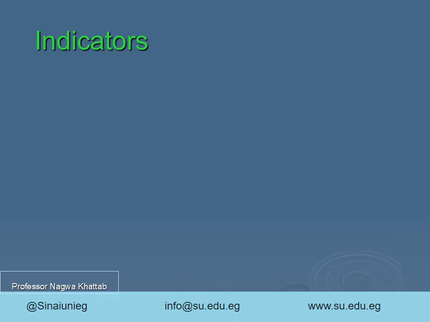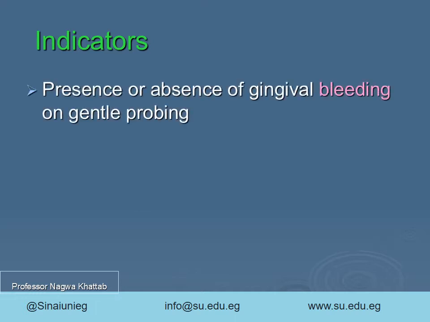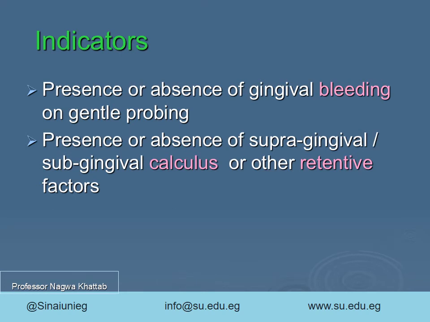Indicators: what will I examine? Presence or absence of gingival bleeding on gentle probing as an indication of gingival inflammation. Presence or absence of supragingival or subgingival calculus or other retentive factor as an etiologic factor for periodontal disease.